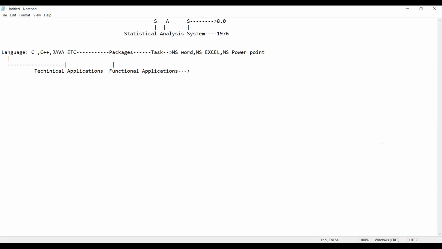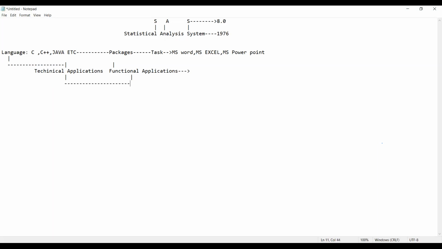So here we have two types of applications: technical applications, which are used by a technically sound person, and functional applications, which are used by anyone. Now let us see the combination of these two.